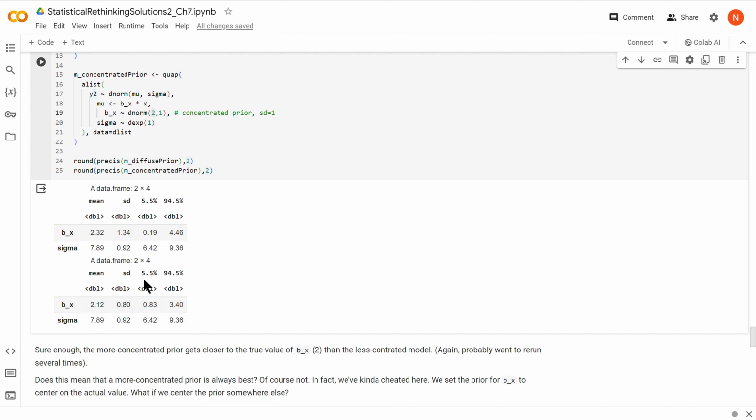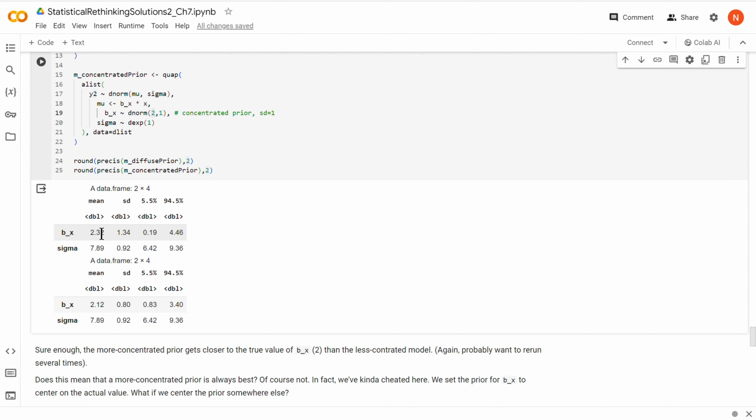So we see that the concentrated prior filtered out some of the noise that is being picked up in the more diffuse prior model. We would call the noise that is being picked up by the beta x, the deviation from 2 to 2.32 here, there's noise in that interval.